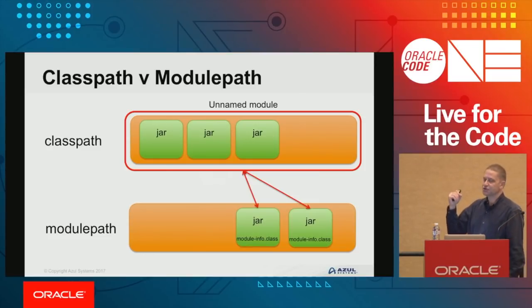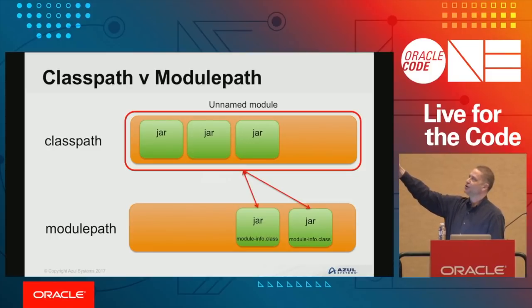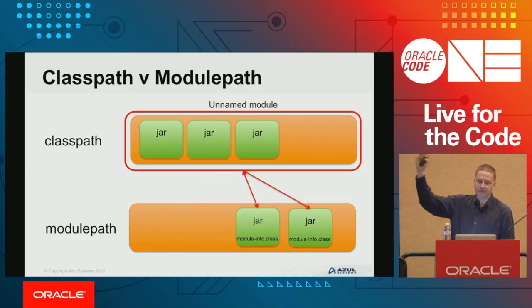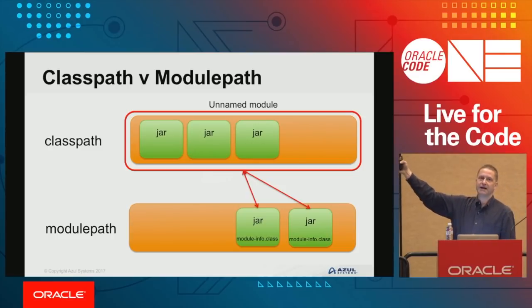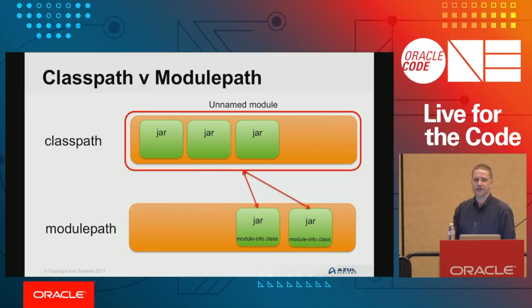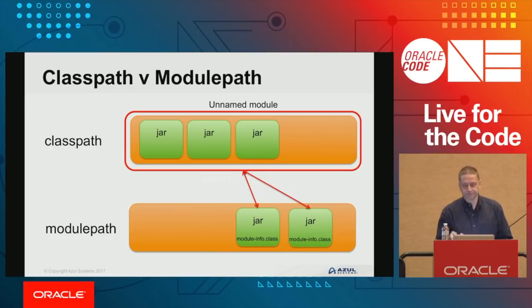So the diagram here just kind of reiterates that. What we can have is the class path, where the jar files we have on the class path, everything there is part of the unnamed module. The dependencies between that are such that if we have some jar files on the module path, we automatically have a dependency on those. So we don't need to specify explicitly, and the necessary classes will be resolved against that.